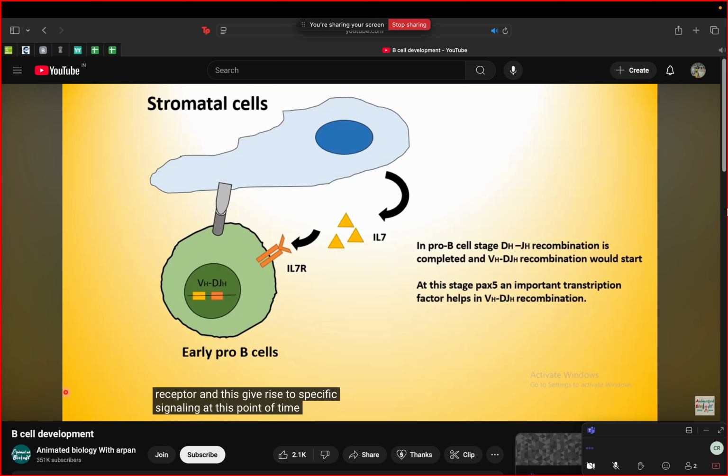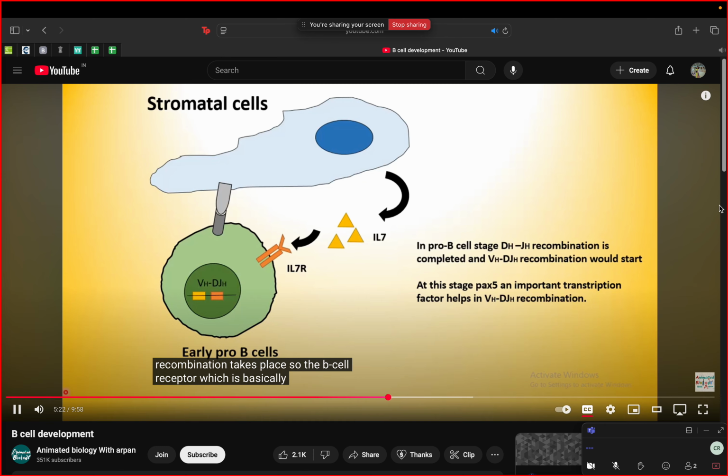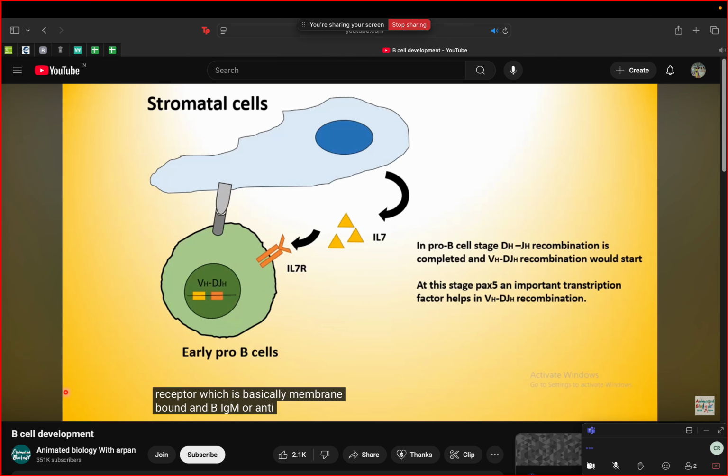At this point of time, VDJ recombination takes place. So the B cell receptor, which is basically membrane bound IgM or IgD, they are actually produced, the heavy chain is produced from this point onwards.